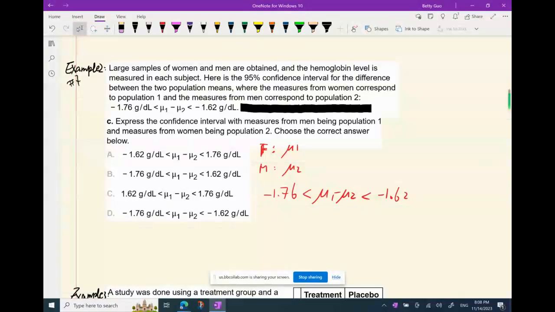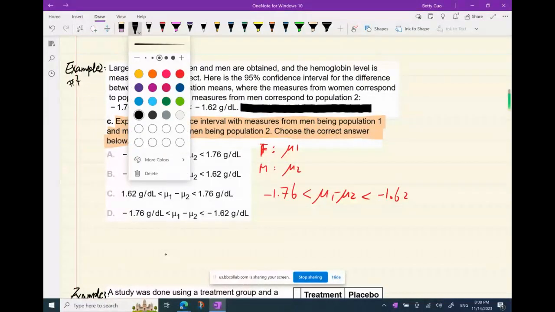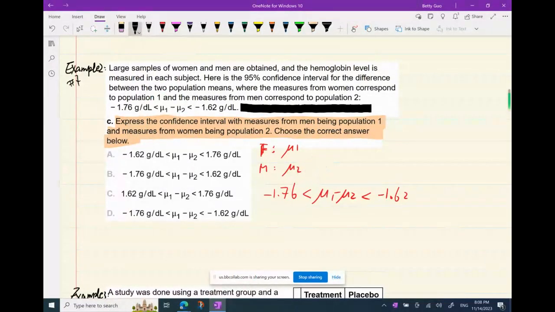Read part C. Express the confidence interval with the measures for men being population 1 and measures from women being population 2. So now it asks us to switch mu1 and mu2, making mu1 as mu2 and mu2 as mu1.